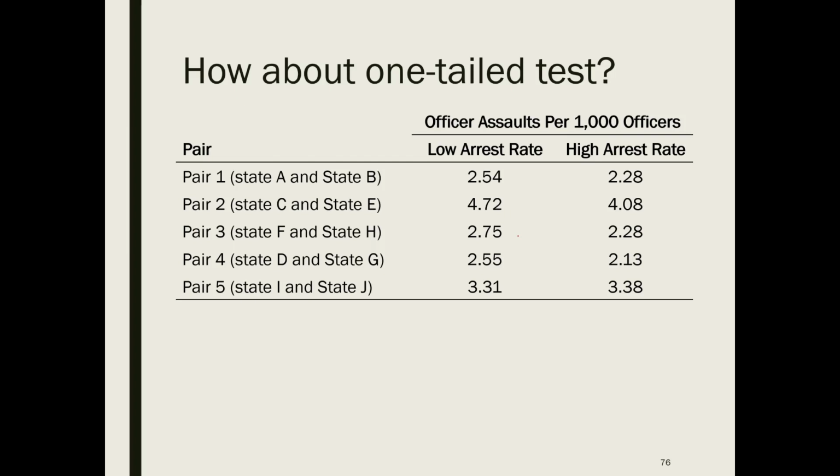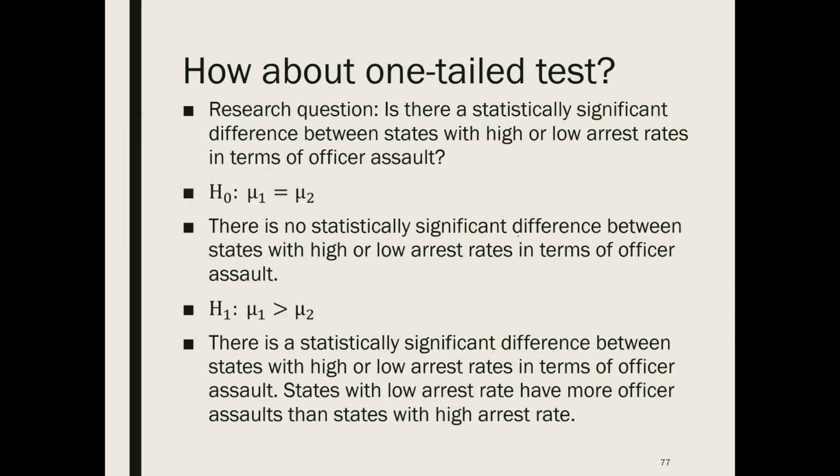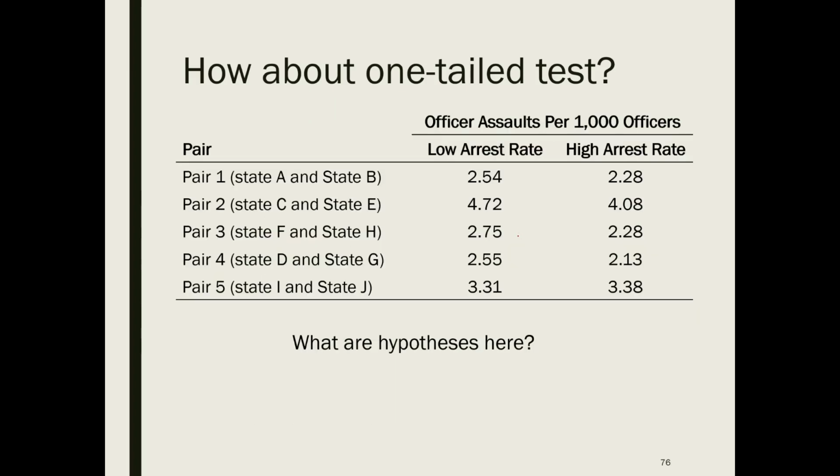So what if we want to make a conclusion on the direction? Let's look at the low arrest rate and high arrest rate groups. The first group is higher than this one, higher than this one, higher than this one, higher than this one. Oh, this last one is smaller.